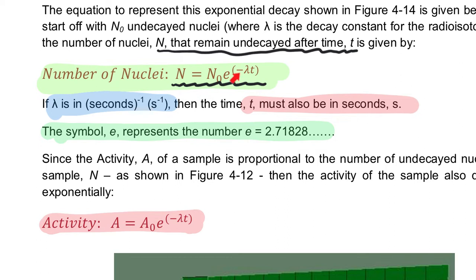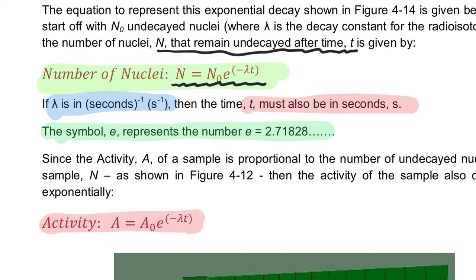So as I mentioned before, the exponent is going to be negative because it is a decay process instead of a growth process. The decay constant lambda is there, and then obviously this is a function of t. So t being the amount of time that has lapsed between when the number of undecayed nuclei was n0 and the specific point in time.